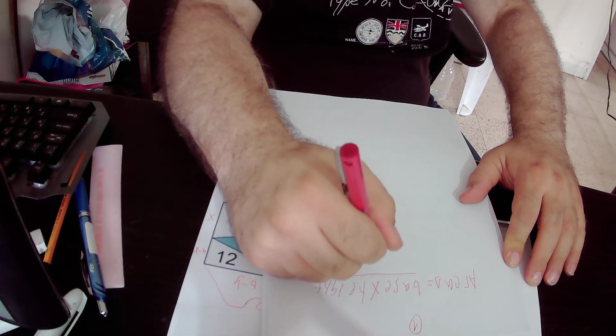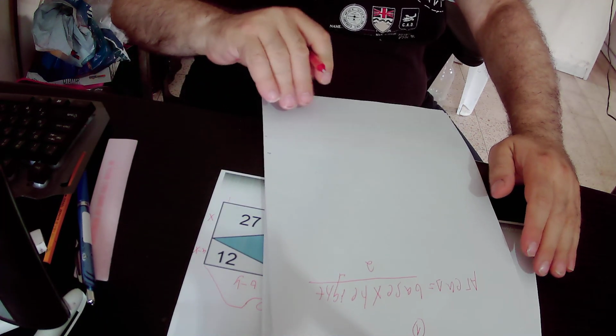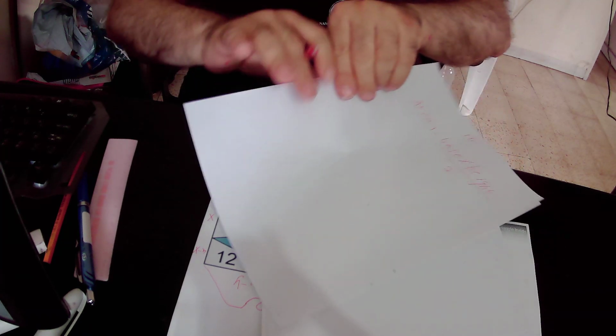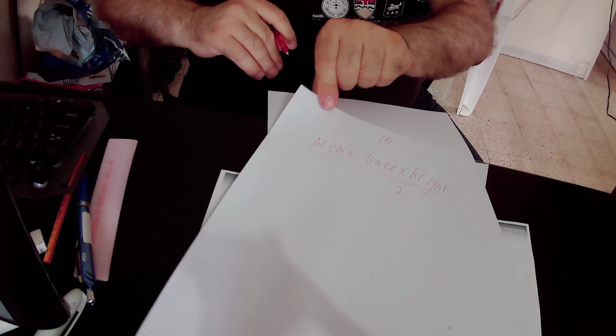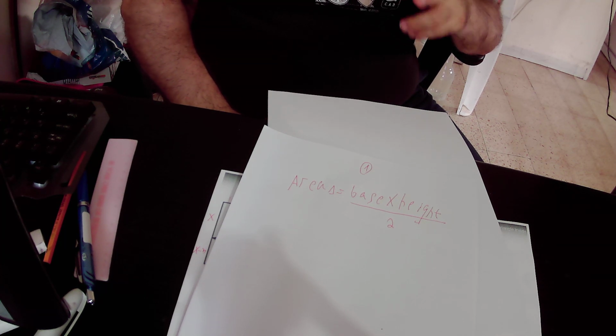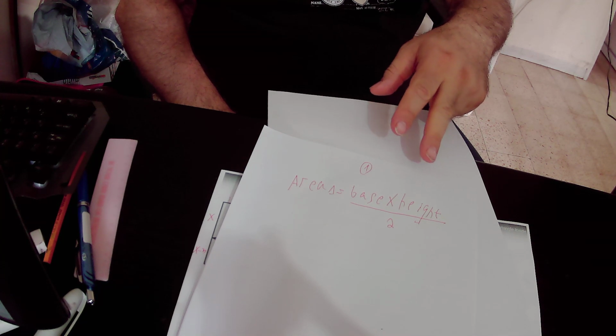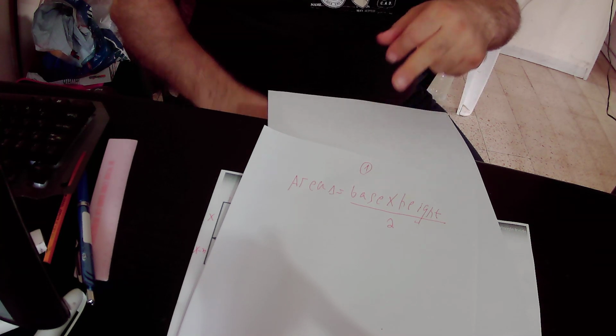So this is the formula to calculate the area of any triangle. The area equals the base of the triangle times the height to the base divided by 2.